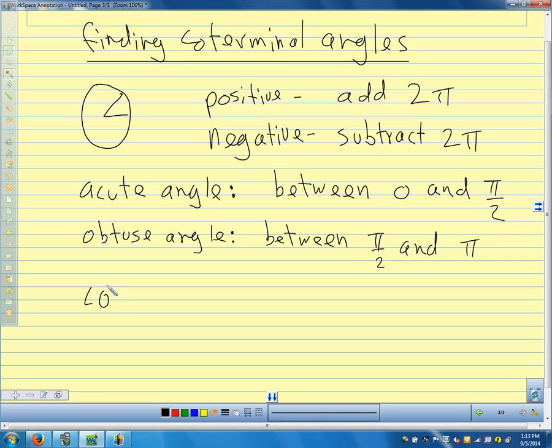So what are complementary angles? What would the other one be? Complementary, if it's not 180, then it would be 90, or in radians, pi over 2.